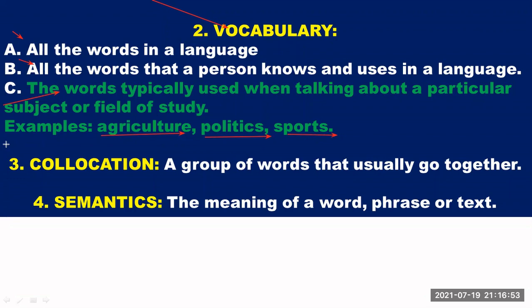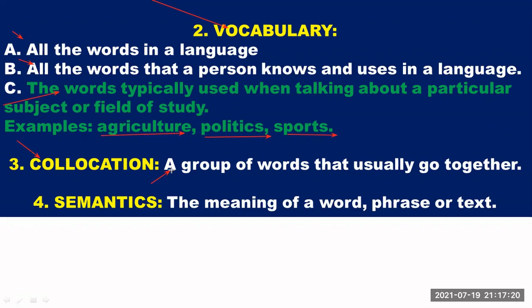The next grammatical principle we shall also be examining is what we earlier referred to in our previous class, and it is known as collocation. Can you still remember our definition of collocation? Who can remember among you how we define collocation? Okay.